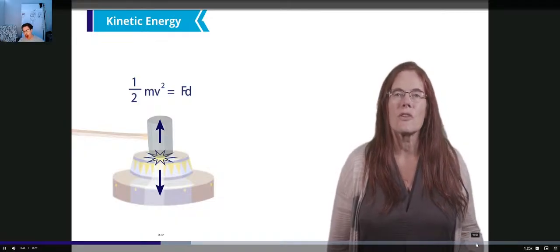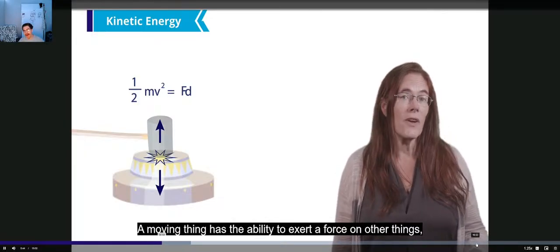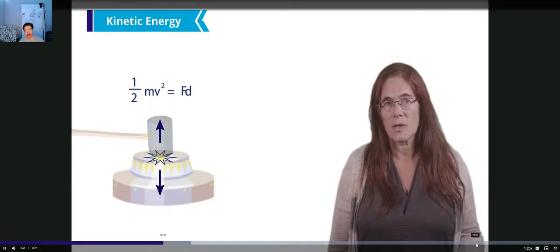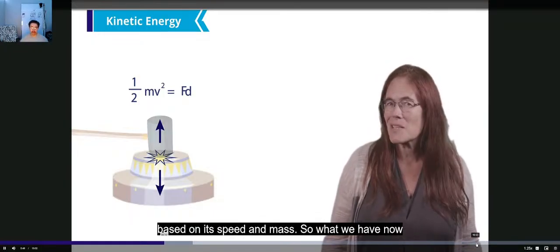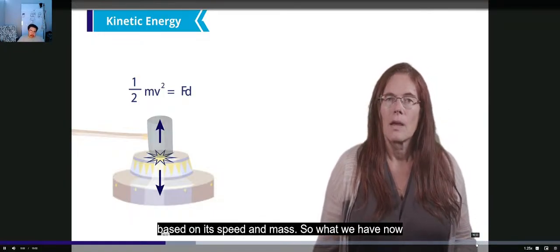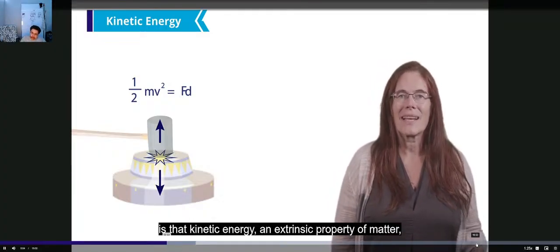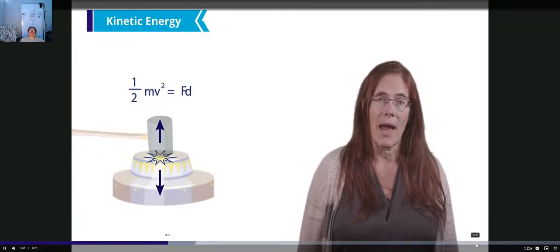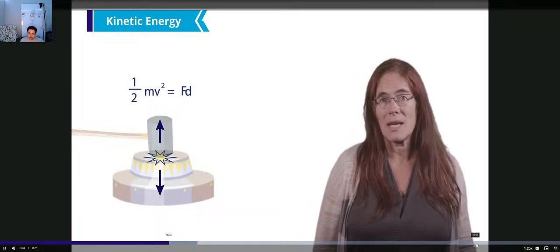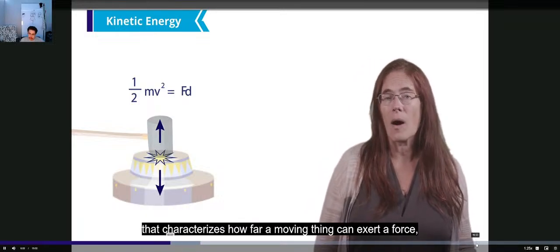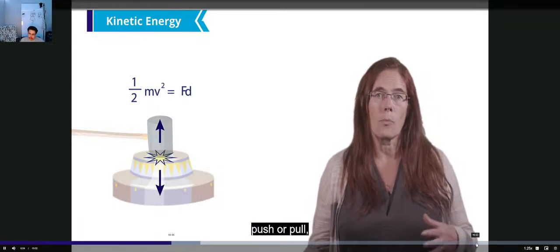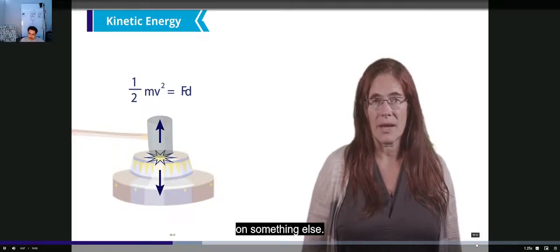This is what makes energy of movement so important. A moving thing has the ability to exert a force on other things based on its speed and mass. So what we have now is that kinetic energy, an extrinsic property of matter, determined by mass and speed, characterizes how far a moving thing can exert a force, push, or pull on something else.